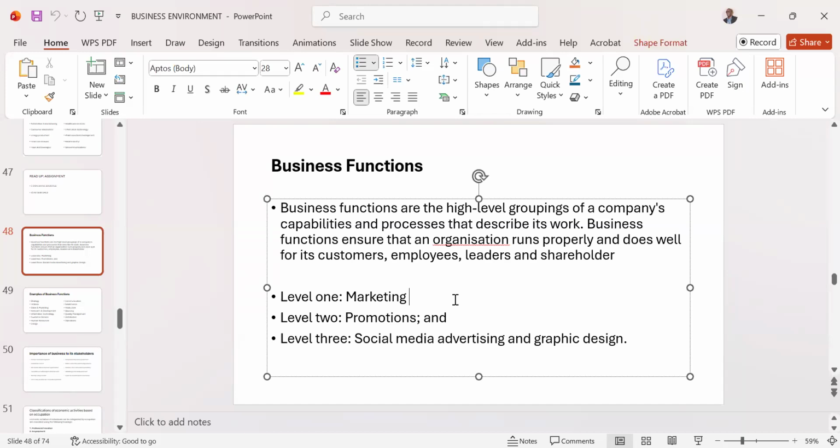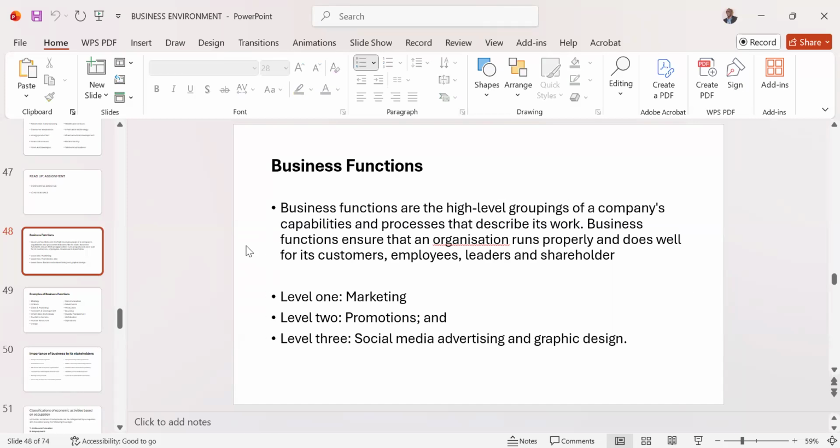At least you must have a good graphic designer that can do your flyers and everything. And if possible, you can have a social media manager as well. So this social media manager will be the one managing your handles and the posting and all that.